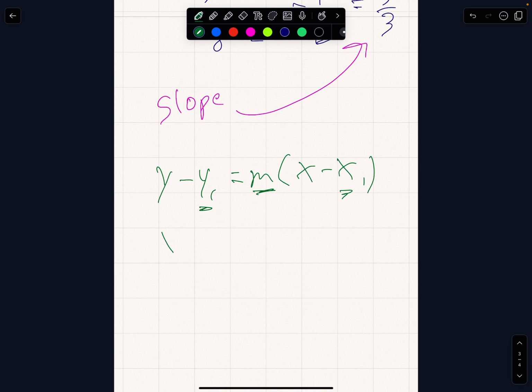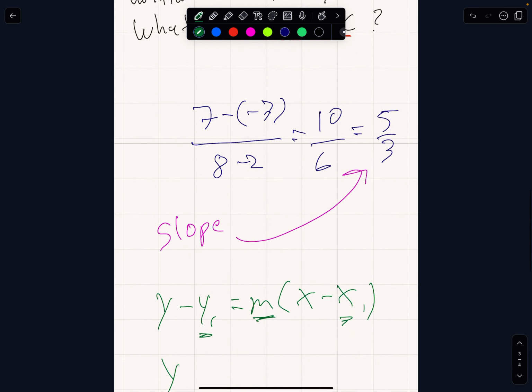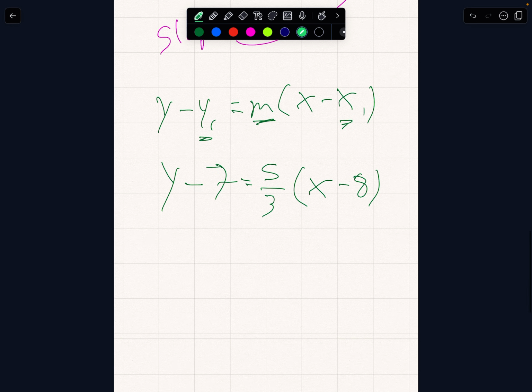So in this case, we can choose either this point over here or this point over here. I'll just choose the latter. So y minus 7 is equal to the slope, 5 over 3, which we calculated, times x minus x1, which we got as 8. The rest of the problem is just basic arithmetic.